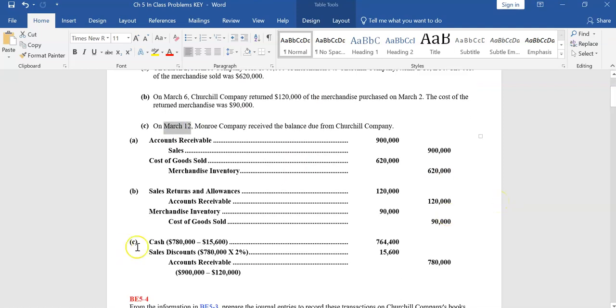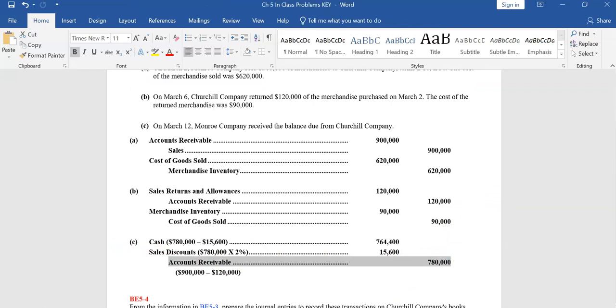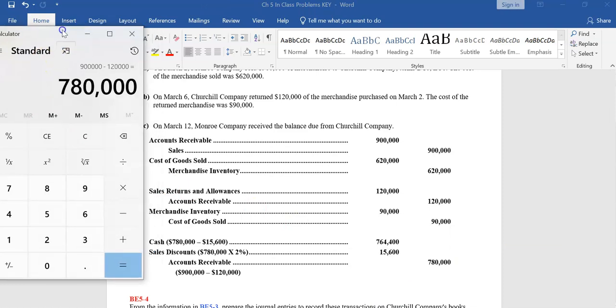That means that to pay off that account receivable of $780,000, Monroe does not need to pay the full $780,000 in cash. Monroe really only needs to pay 98% of that, or 2% less. So we're going to take the $780,000 and multiply it by 98%. Actual cash paid will only be $764,400.